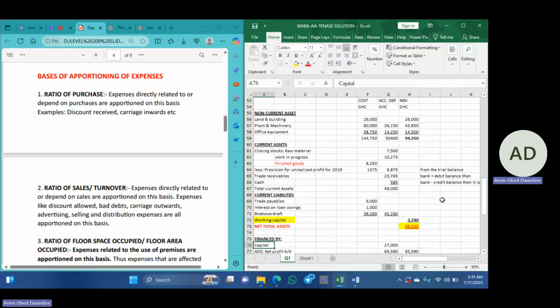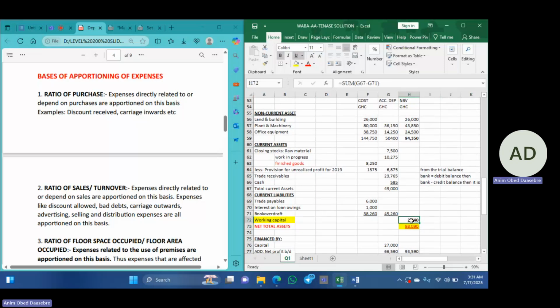Then you add them, you find the total for current liabilities, you subtract from your current assets, you get this figure. This is what we call the working capital.